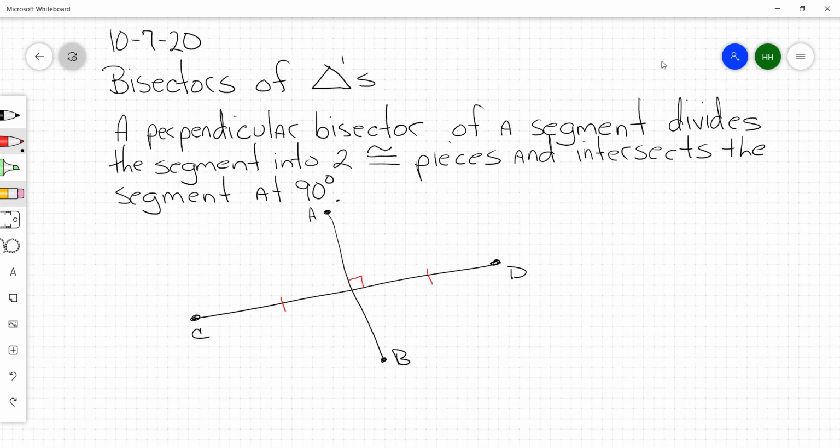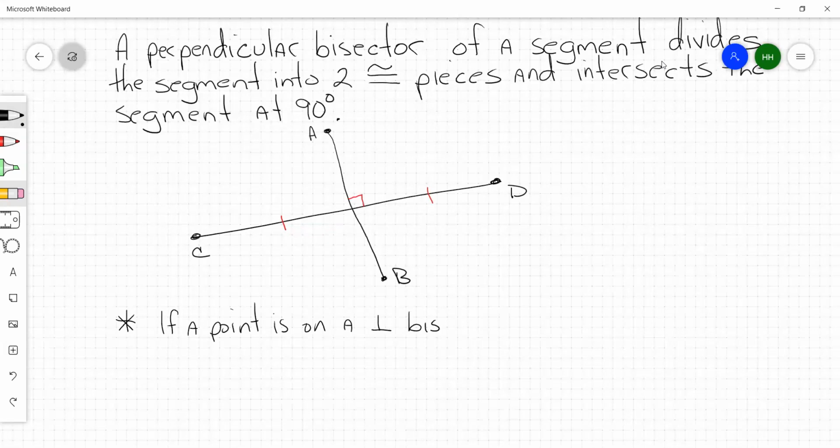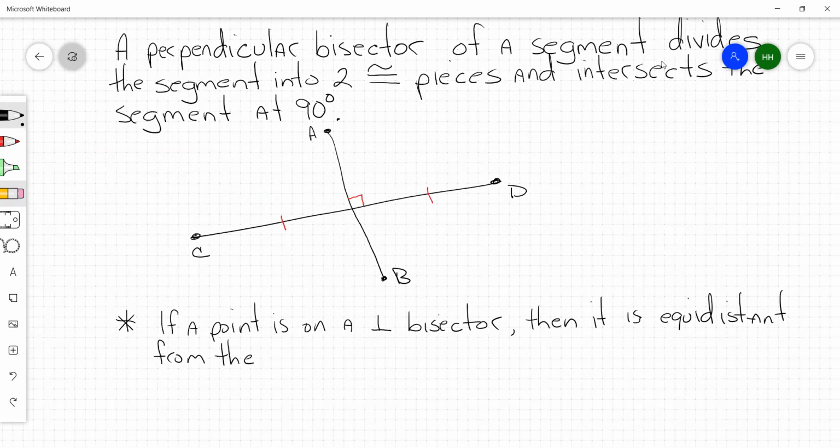Now, a couple really important rules regarding perpendicular bisectors. If a point is on the perpendicular bisector, I'm going to use this symbol for perpendicular bisector, if a point is on a perpendicular bisector, then it is equidistant from the endpoints of the segment.